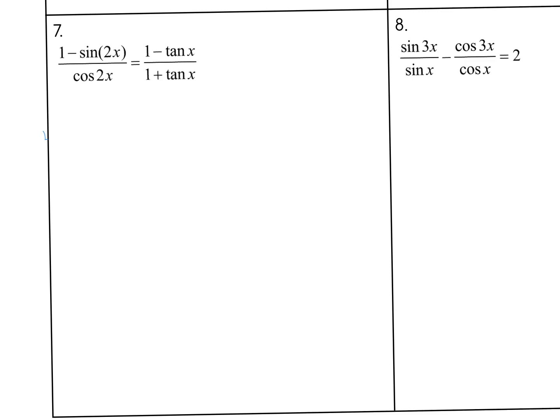So the sine of 2x is 1 minus 2 sine x cosine x. And then that's sine squared minus cosine squared.